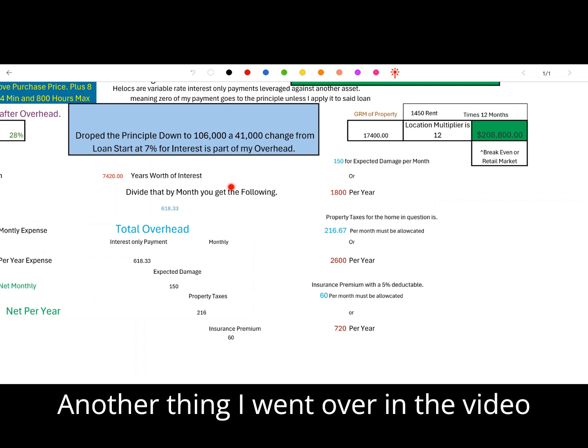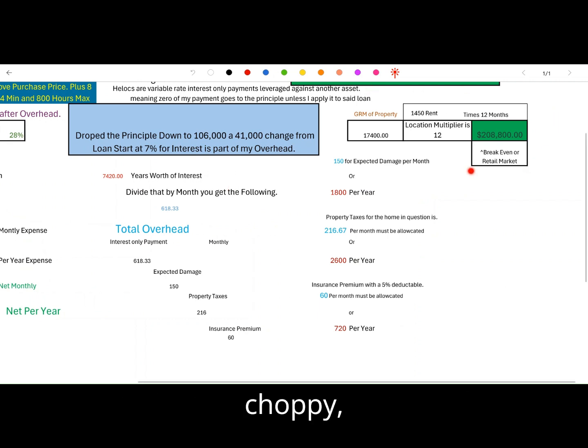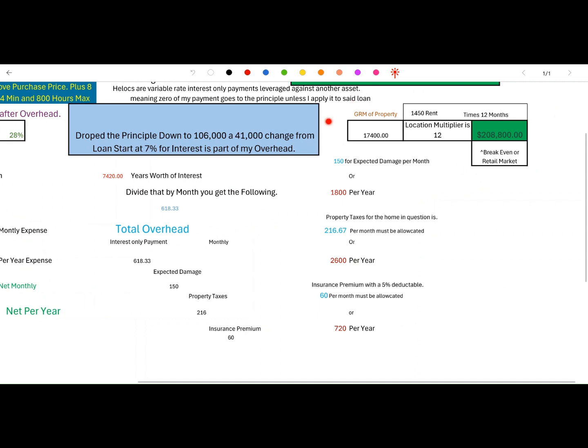Another thing I went over in the video last time, I know it was a little bit choppy, but gross rent multiplier for the property I'm reviewing today.